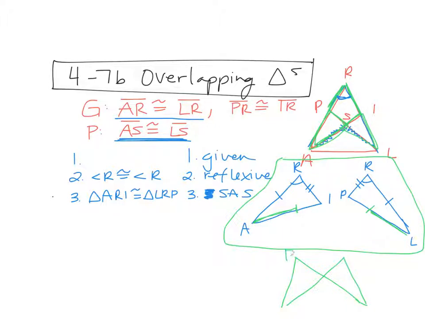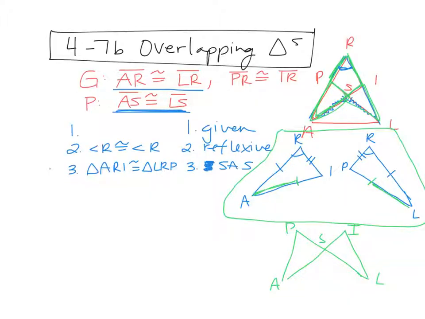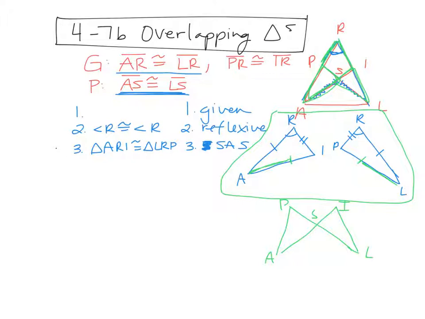This is P, S, I, L, and A. Because you have to prove that they're true. So in this setup now, we have AS and LS. Here's the beauty of it. This angle right here is this angle right here.